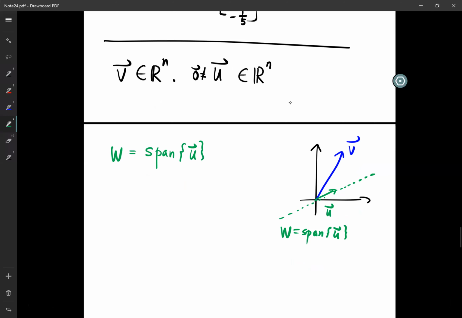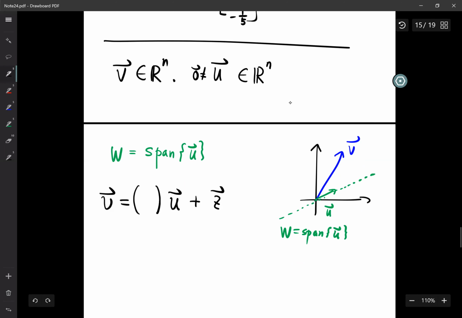So I consider that. I can consider the projection of V onto U. And what does it mean? It means that I should be able to find a Z so that V is equal to some number alpha times U plus Z, and it satisfies Z dot U is 0. So what it means on this picture is that I don't know what alpha is.